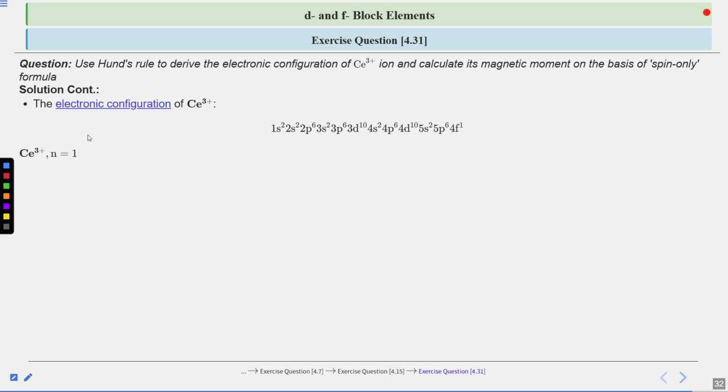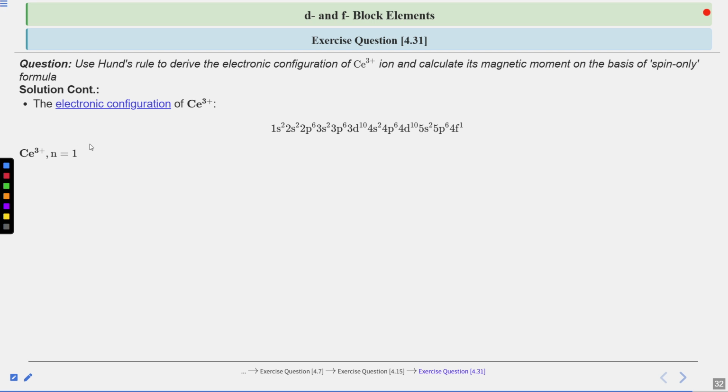Now, for this cerium 3 positive ion, the n you have to predict, that is the number of unpaired electrons in the outermost shell, is 1, right? 4f1. 5p6 is fulfilled because in the p subshell we can fill at most 6 electrons. Before it, every subshell is also fulfilled, and the only unpaired electron is present in the 4f subshell, which is 1.